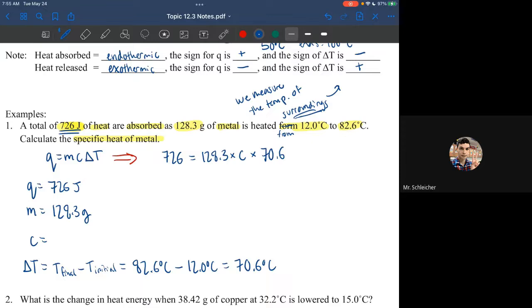And then what I can do now is just some algebra skills. So I'm going to solve this in the way you all are probably most comfortable with. Let's start simplifying a bit and then try to get C all by itself to see what it is. We're looking for this unknown specific heat. On the right side of the equation, maybe I can multiply these 2 numbers together and put them in front of the C. So I'm going to do 128.3 times 70.6.